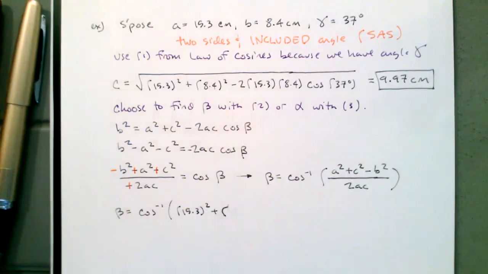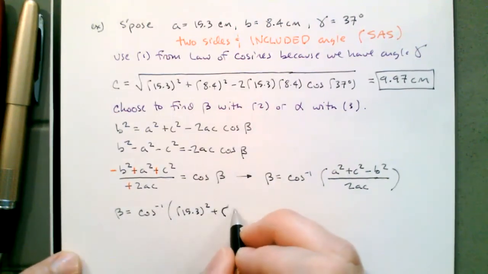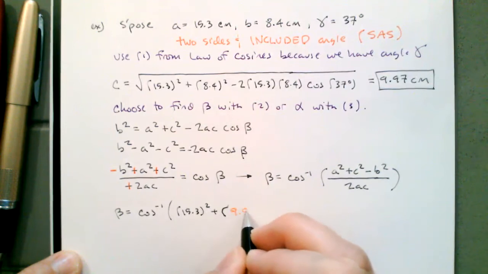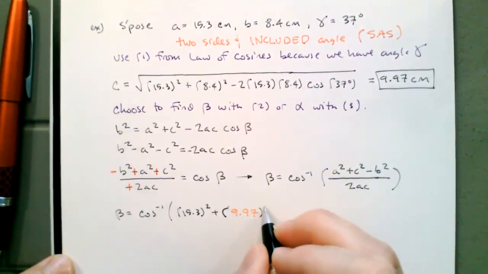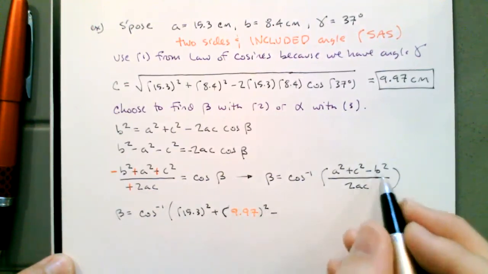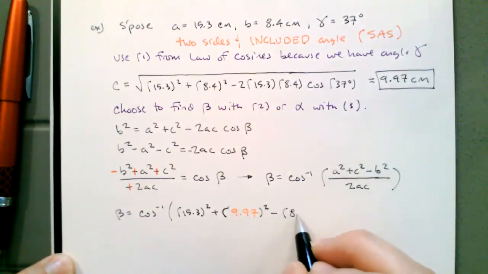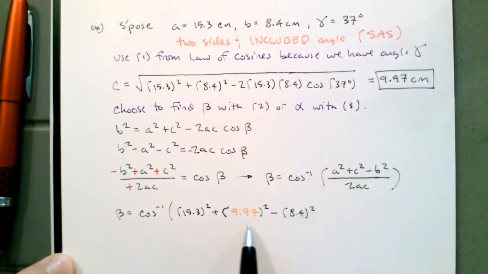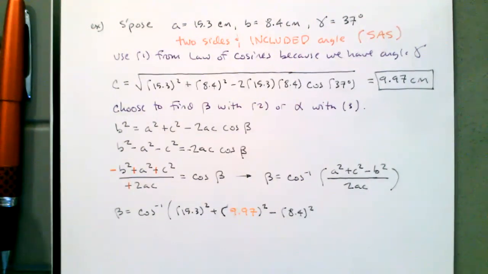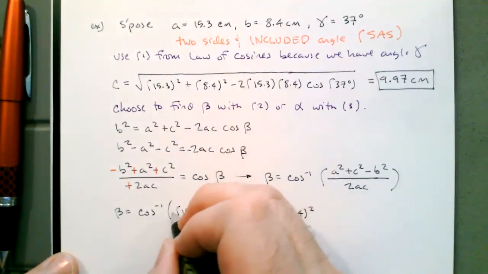I'm going to write that in an alternate color because it's rounded off, and I don't want to use rounded information. Minus B squared. All this is in the numerator, so I want to make sure that the numerator is in its own set of parentheses.